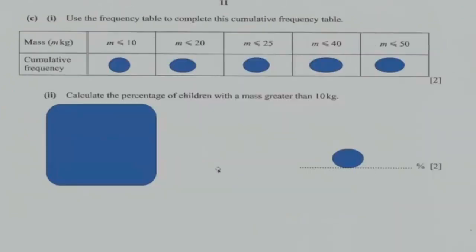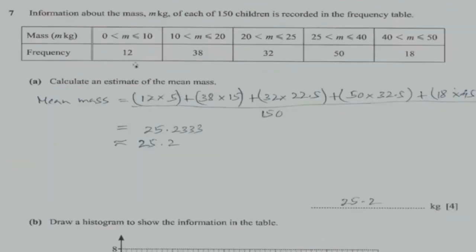Use the frequency table to complete this cumulative frequency table. To get the cumulative frequency, we have to add these frequencies.